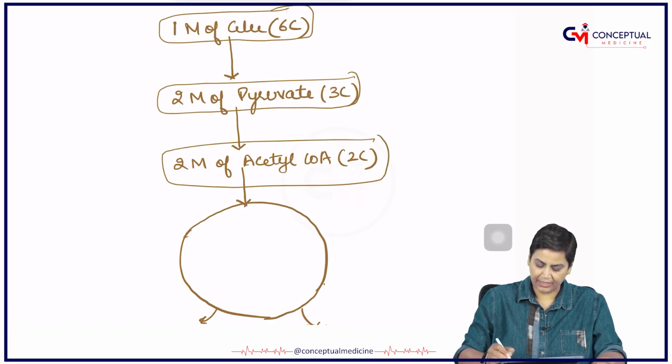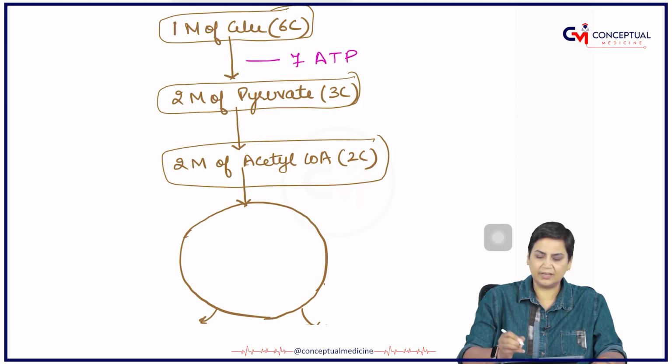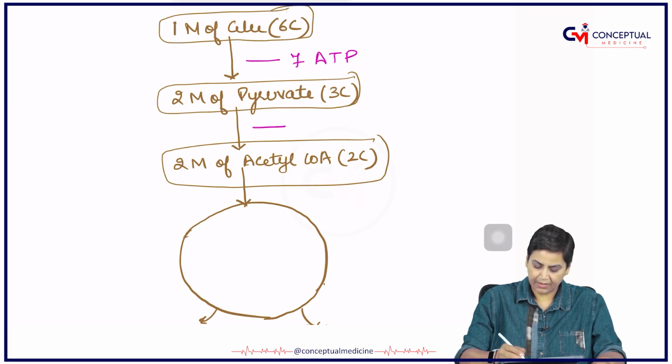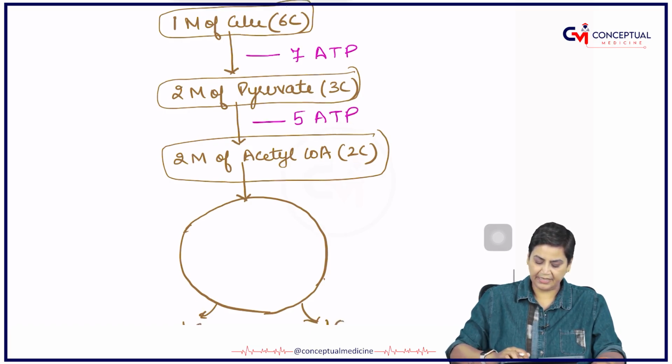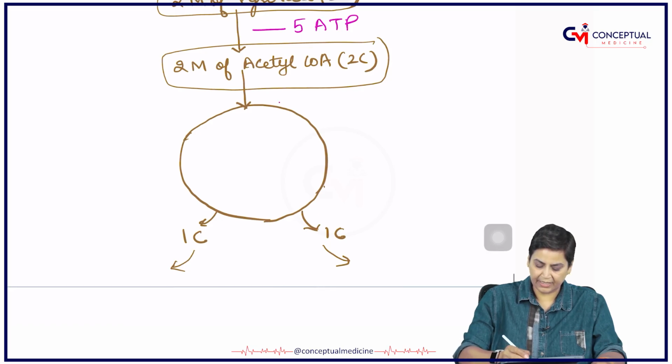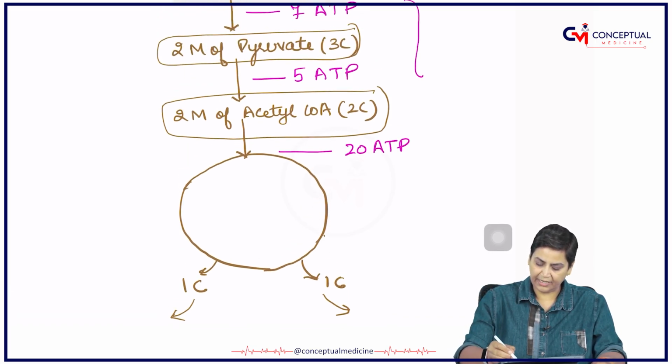Now if we calculate the entire energetics, I can simply say that 7 ATP are produced here, here 5 ATP, and here if we talk about total, there are 20 ATP molecules, and overall 20 plus 7 plus 5 is equivalent to 32 ATP molecules.